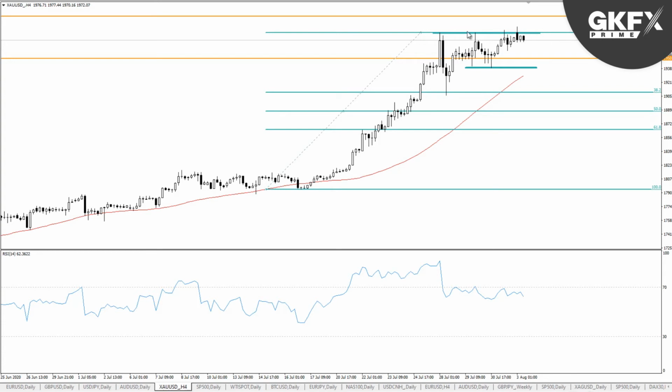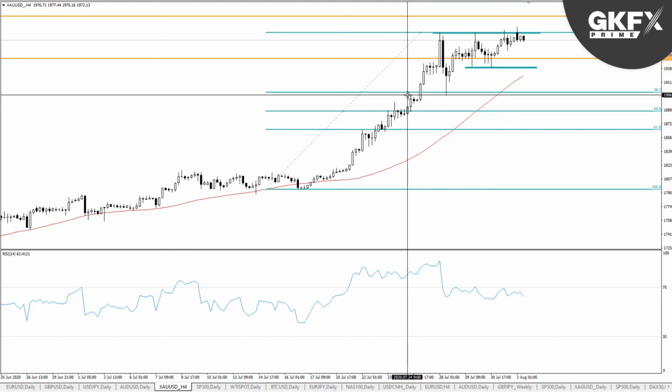If we do fail at these highs, which has happened so far, the first level of support I'd be looking at would be this first set of lows here. Maybe we're just in a bit of a range, and so 1940 potentially the base of the range, and then obviously there's that 38% level, which was basically 1900, 1906 I think was the low.